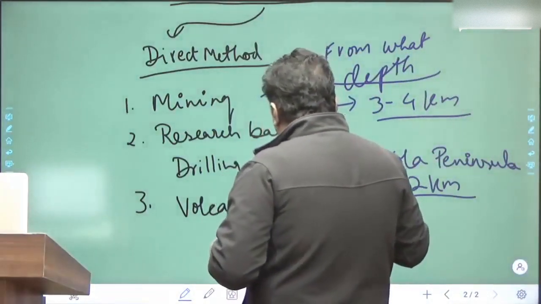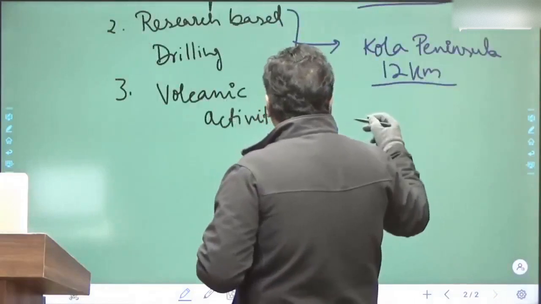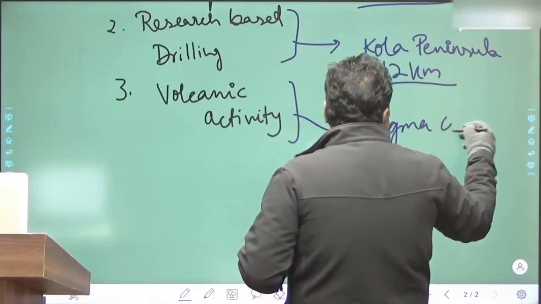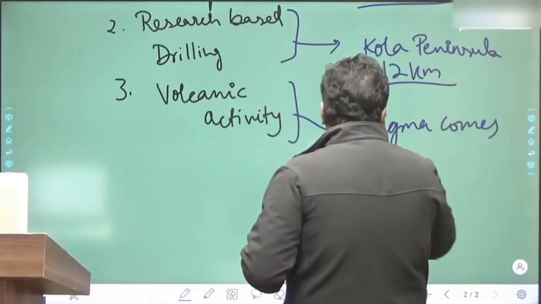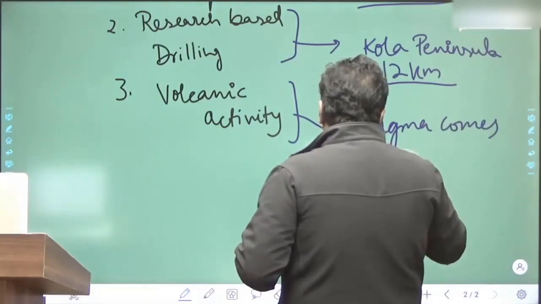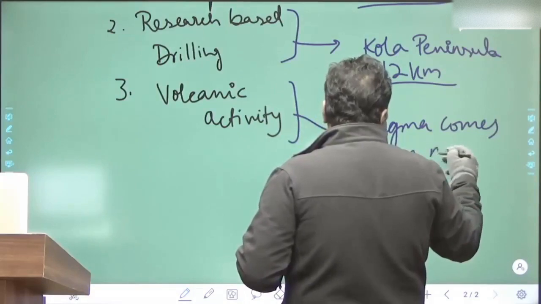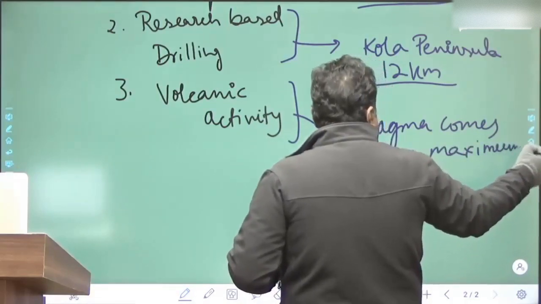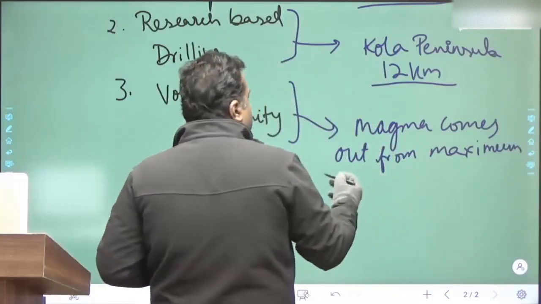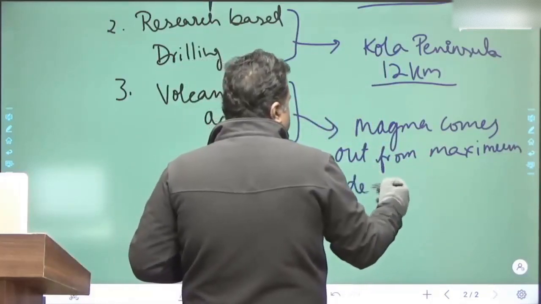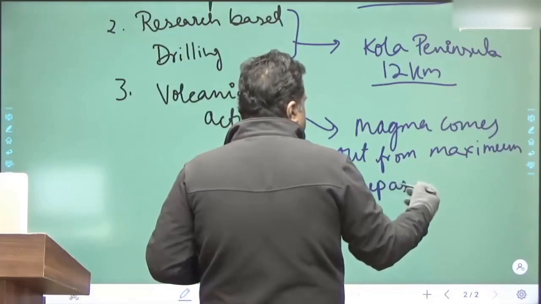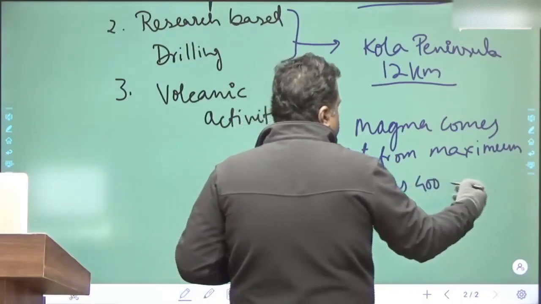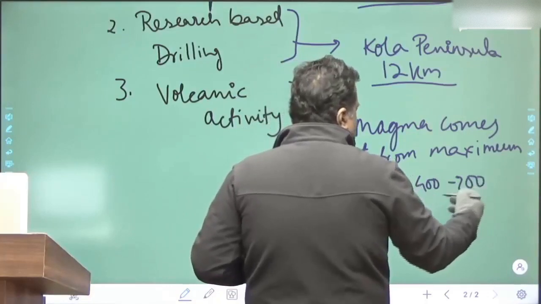And when you say volcanic activity, we can say magma comes out from as deep as 400 to 700 kilometers at different places.